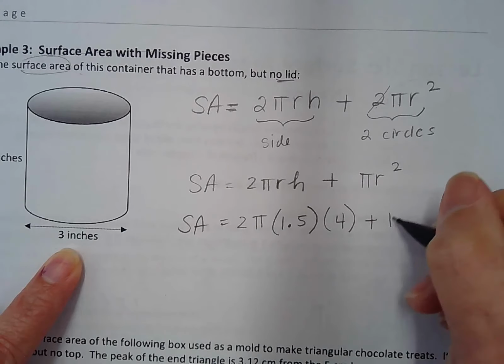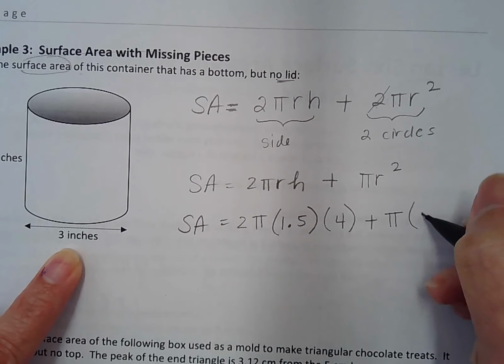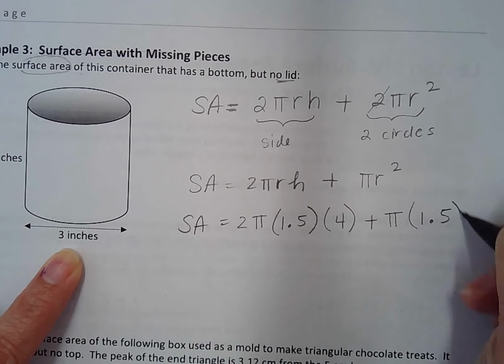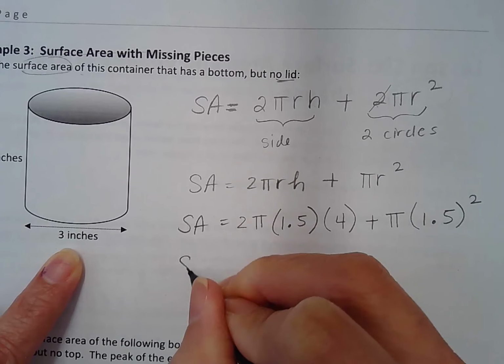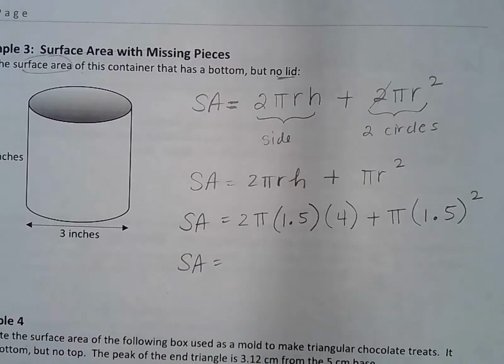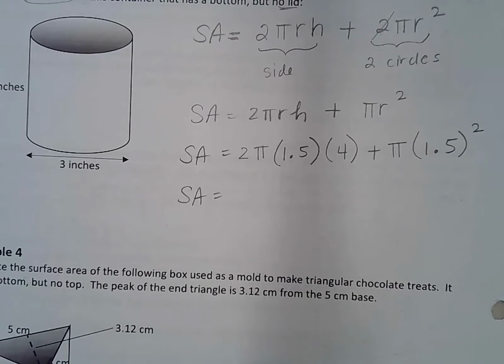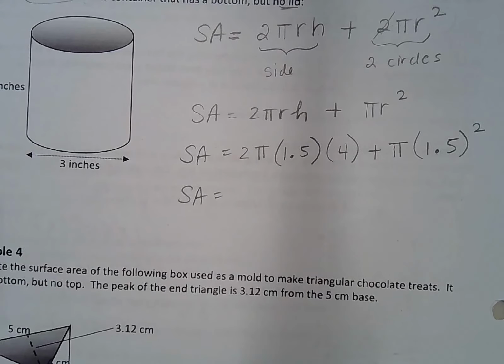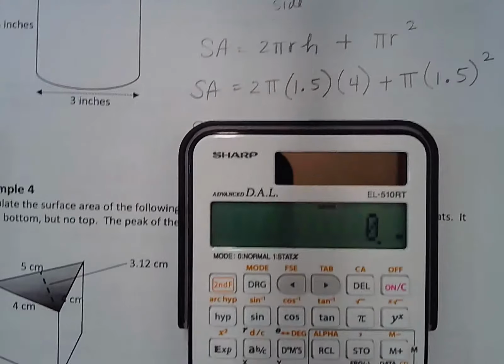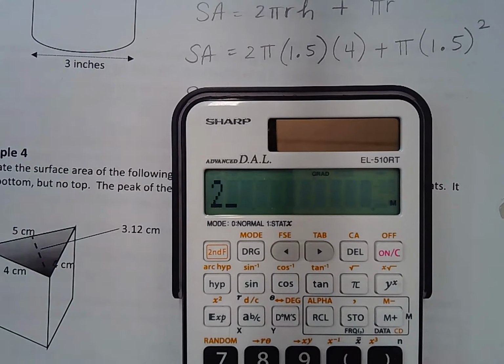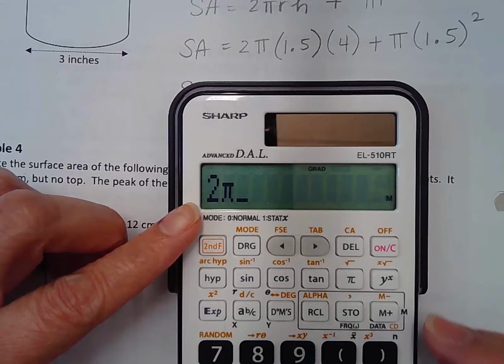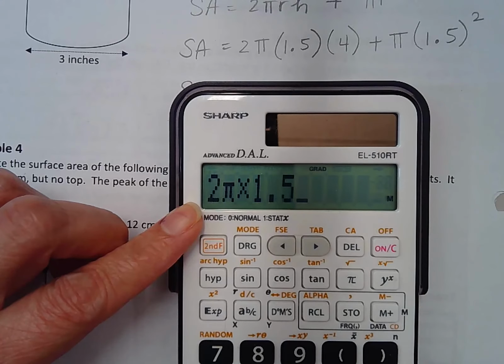Plus pi times r, 1.5 squared. So that's it, and now it's just a matter of figuring out the surface area. So go ahead and do that. I'll try the same thing.